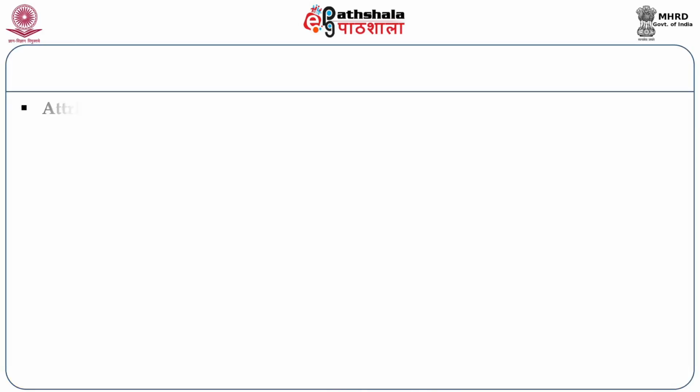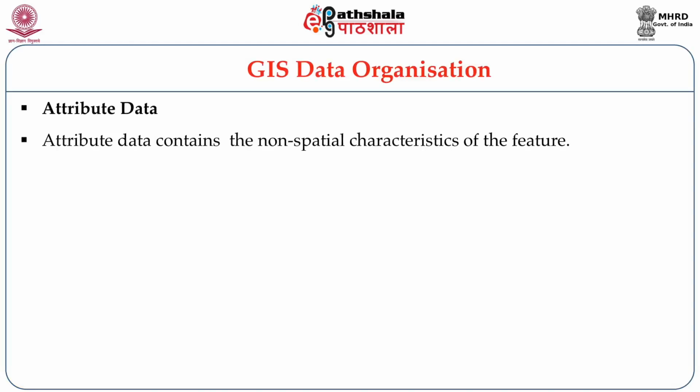The next data format is the attribute data. Attribute data contains the non-spatial characteristics of the features. It is usually organized in tabular format.